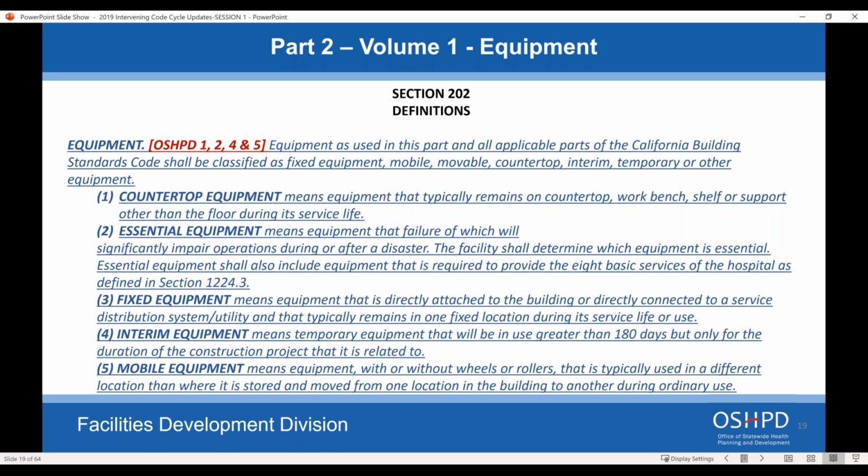The facility needs to identify which equipment is essential when they're doing the project. In addition to that, if they basically say nothing's essential, anything that's required to support the 8 basic services of a hospital also are by default considered essential. Fixed equipment means equipment that is directly attached to the building or directly connected to a service distribution system utility.